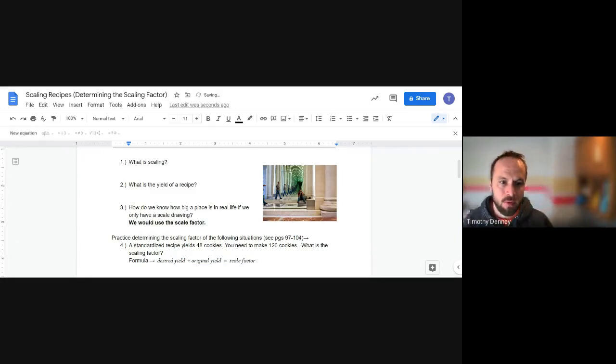So what is the desired yield? Well, the desired yield is 120 cookies. We want 120 cookies.